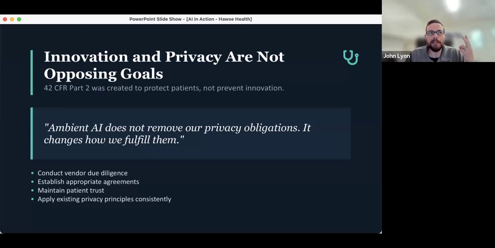The data needs to have role-based access for anyone not in your health system, meaning that people can't just access it through the vendor. It needs to be ideally not used for any sort of training, whether it be de-identified or not.